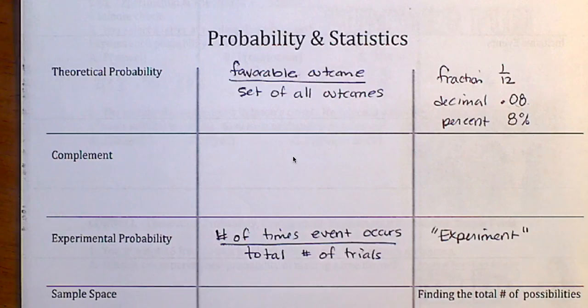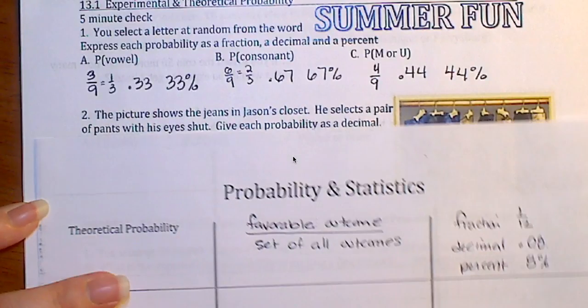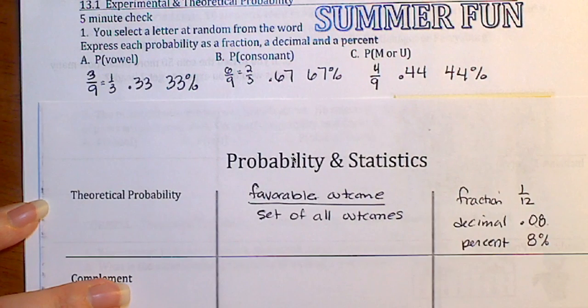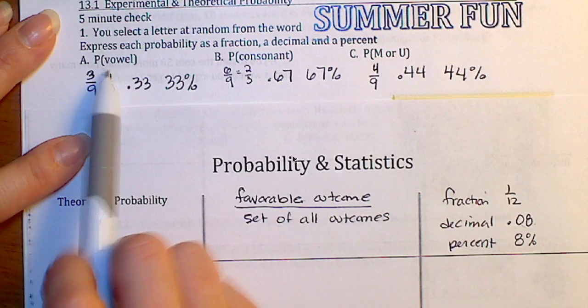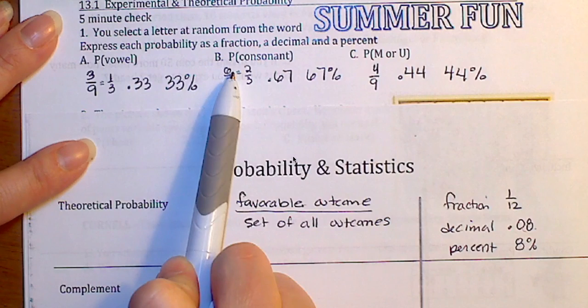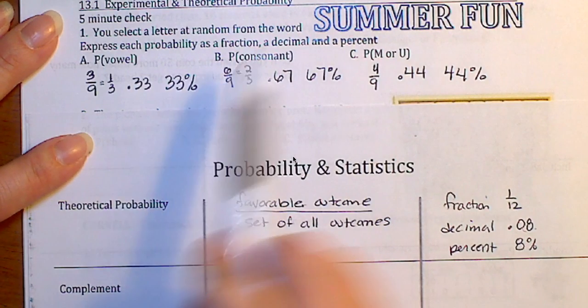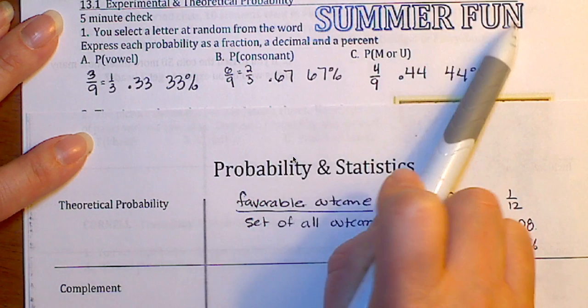Now another new idea possibly is what's called a complement. So a complement is this, let me show you: the probability of choosing a vowel is the complement to the probability of choosing a consonant, because every letter here is either a vowel or a consonant.